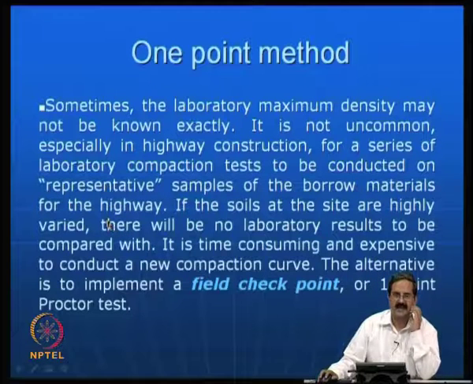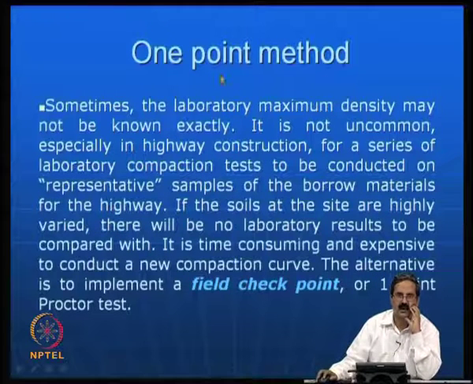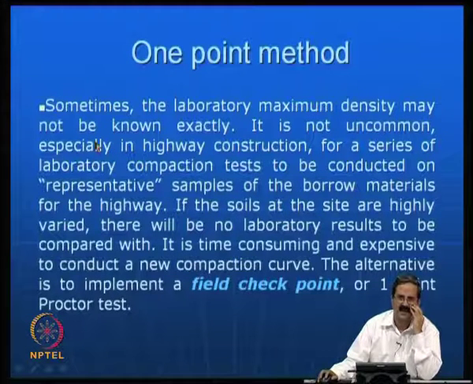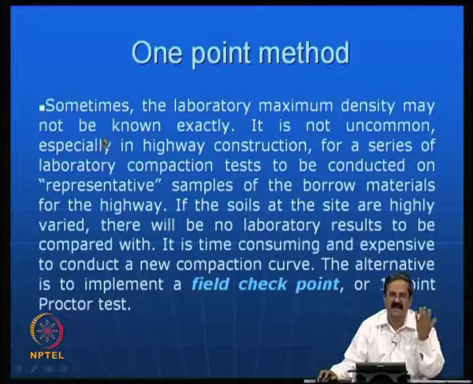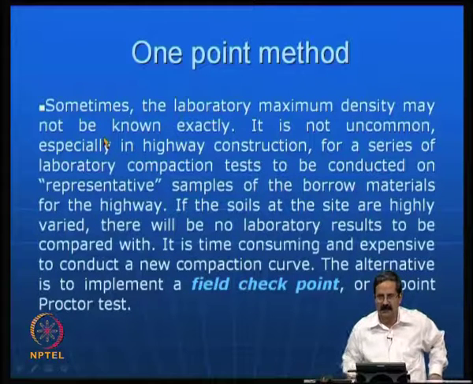Sometimes the laboratory maximum density may not be known exactly. In the field, you are getting so many samples from borrow pit materials, like 30 or 40 in a big project.